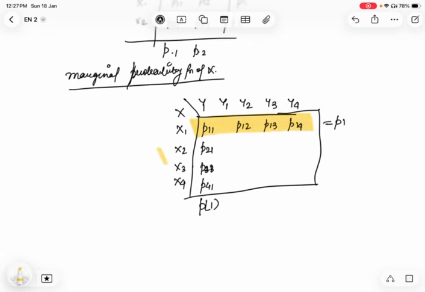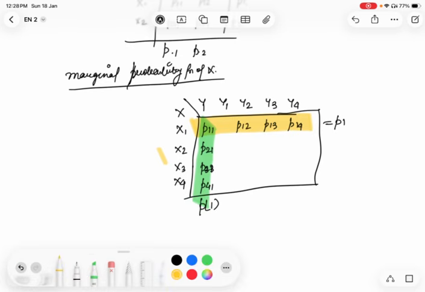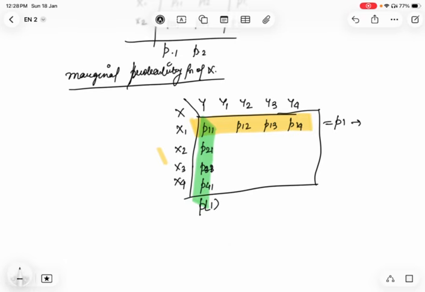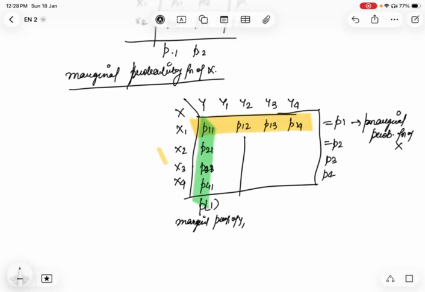This is the marginal of px, and this is the marginal of py. So p1 is a marginal probability function of x. Same for p2, p3, p4, and this is the marginal probability of y. Same for this. So this is the marginal property.